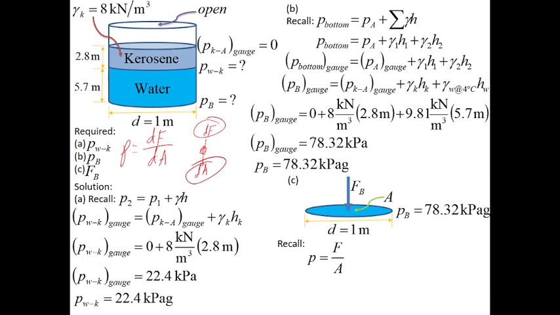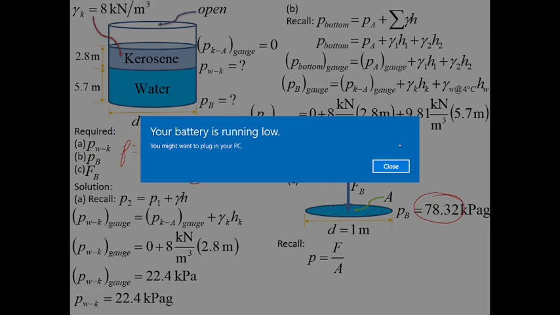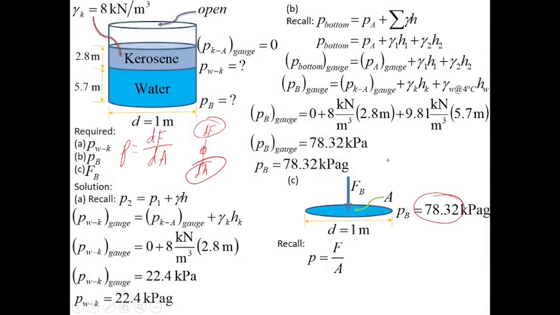So at any point in this area, the pressure is constant. The pressure is 78.32 kilopascal gauge. So with that, from F over A, we can now solve for the force, which is the product of the pressure and the area.